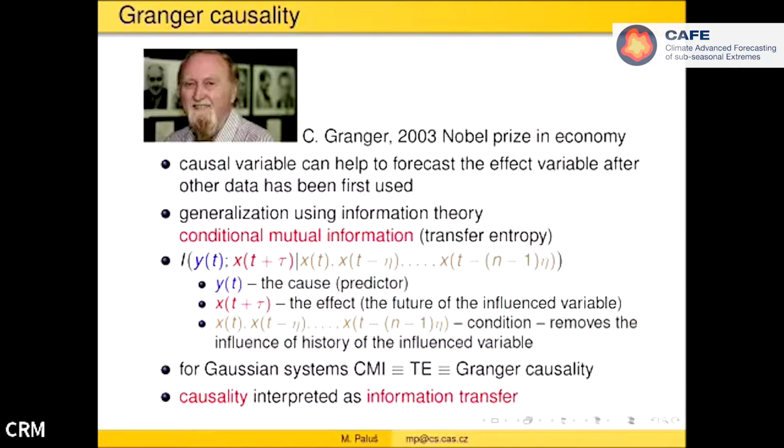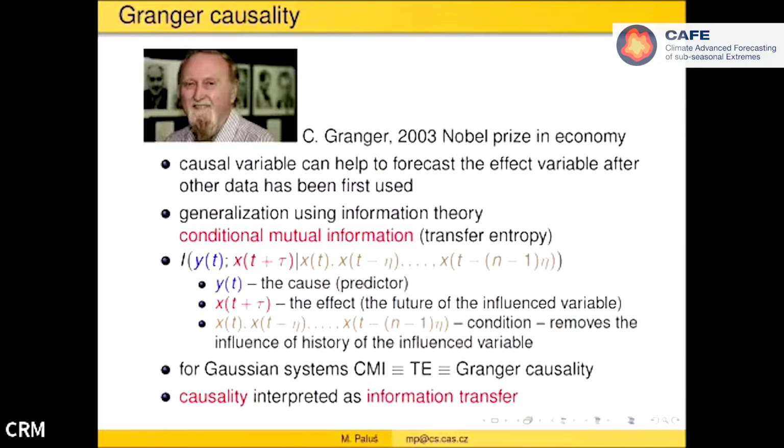One of them is the application of conditional mutual information, in which we use an information-theoretic function that measures dependence between y in the present, t, and the state of x in the future, t plus tau, taken conditionally on the present and some steps into the history of x.